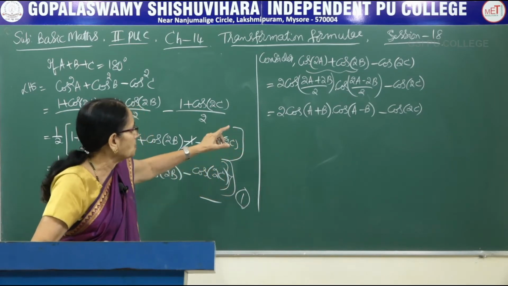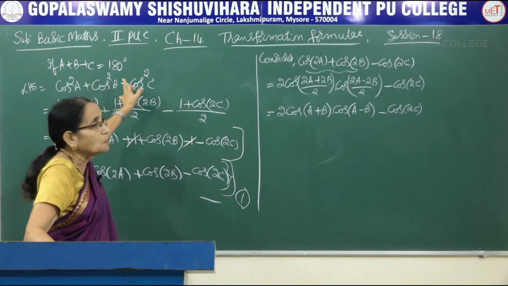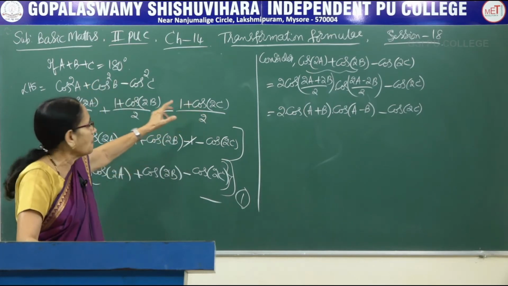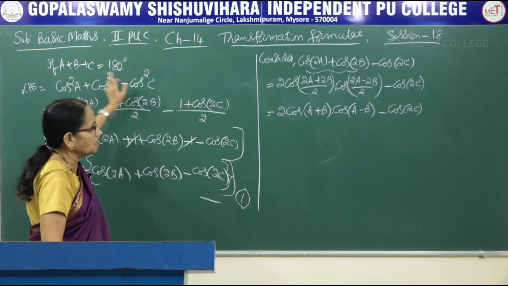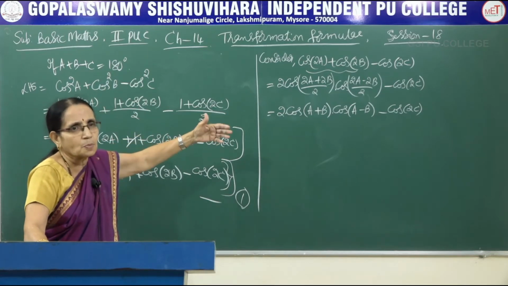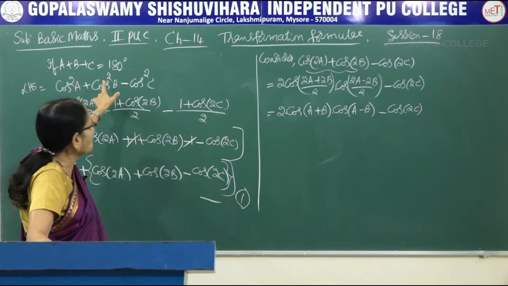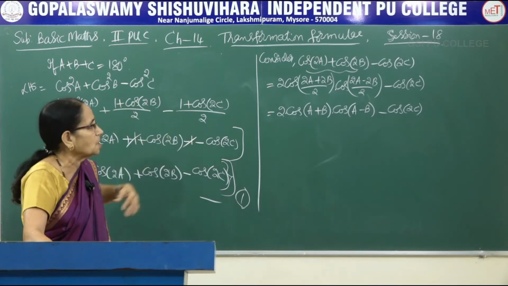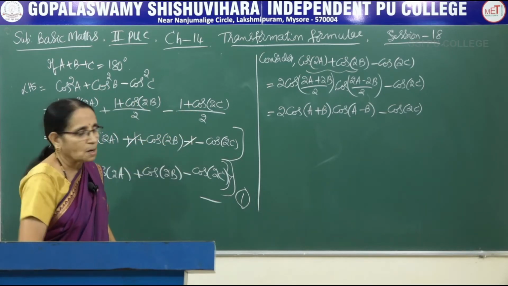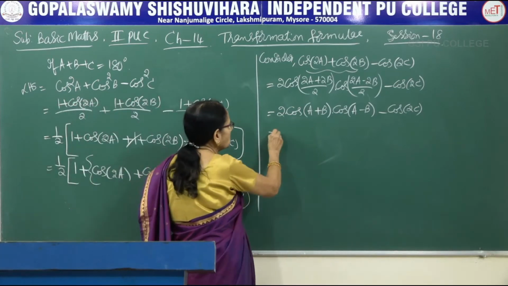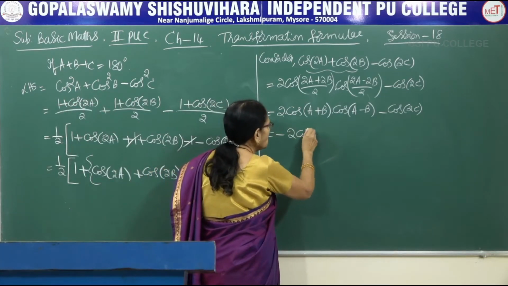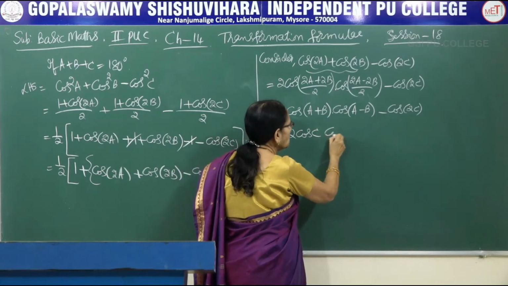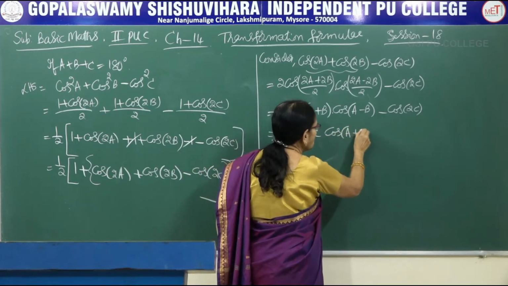So cos of A plus B, now we come to this statement, A plus B plus C equal to 180. A plus B is 180 minus C. I have done this calculation in the earlier problems. Cos (A plus B) is cos of (180 minus C), which is minus cos of C. So this becomes minus 2 times cos of C into cos of (A minus B).